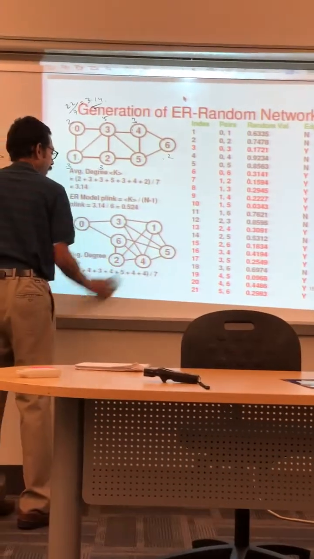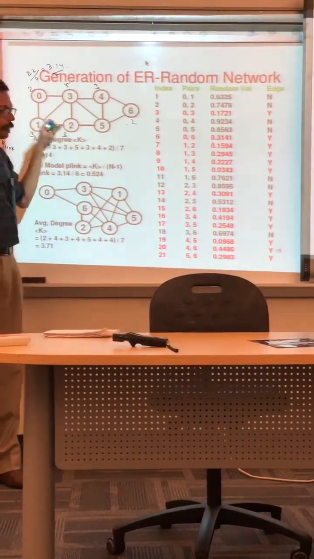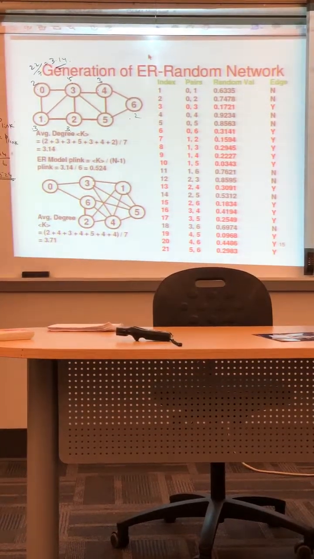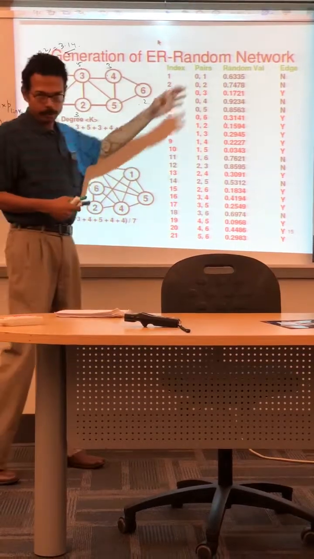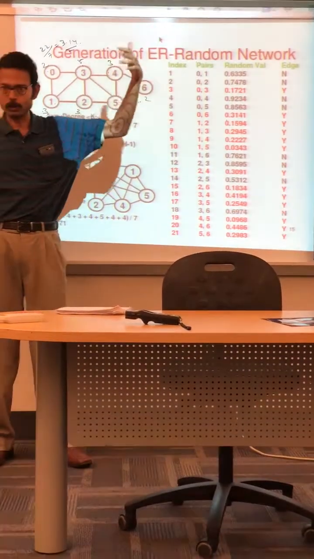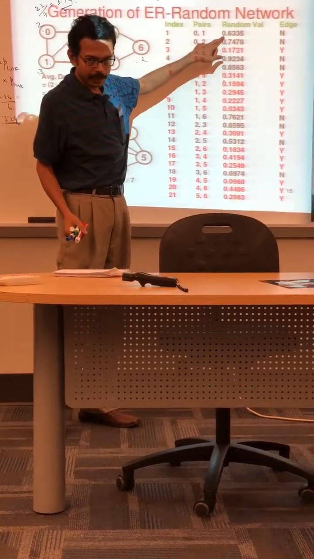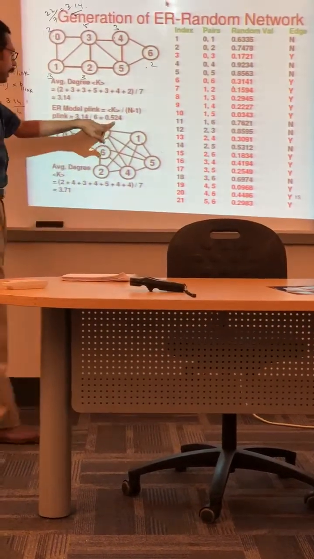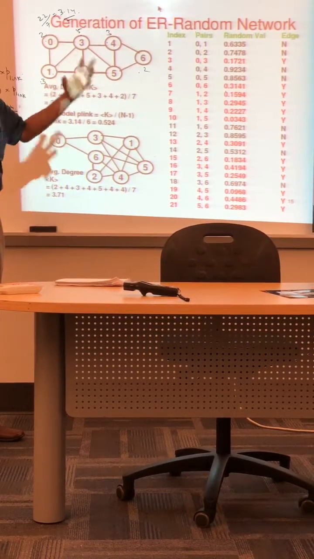So write down all the pairs of vertices that could be possible in a graph of several vertices like this, starting from 0 to 6. And for each pair, generate a random number. And I showed in Excel how to do that. So if the random number that you generate is less than or equal to the p link value 0.524, then there is an edge between the two vertices.